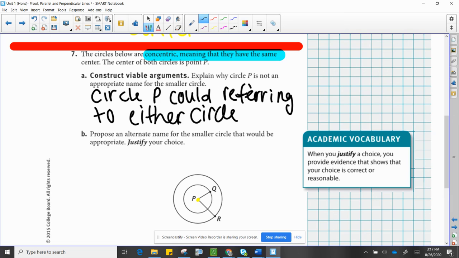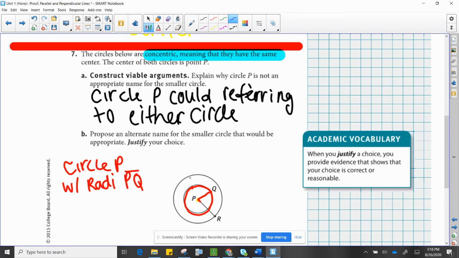So instead, an alternate way to name these concentric circles is to use the radii. So for example, this smaller circle here, I can call this circle P, but I would have to say with radii Q or PQ. Okay, so I'm specifying that it's using this circle with this radius.